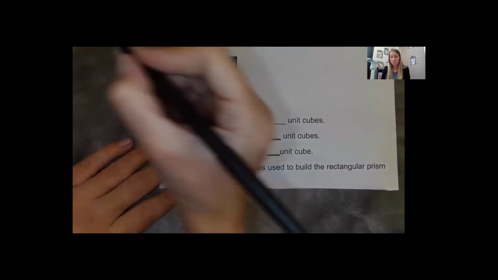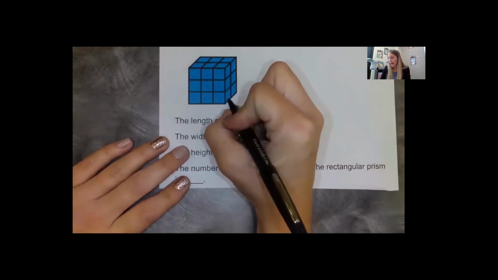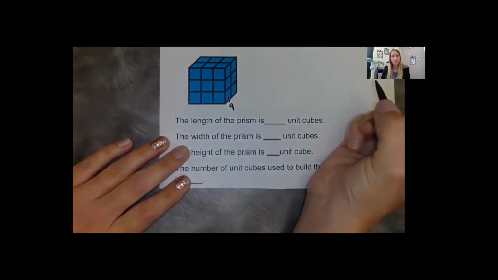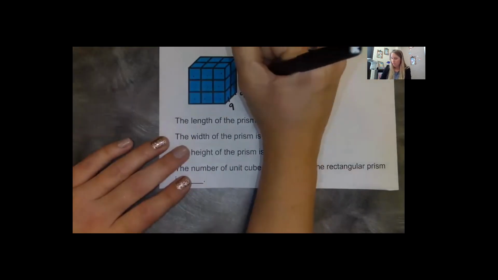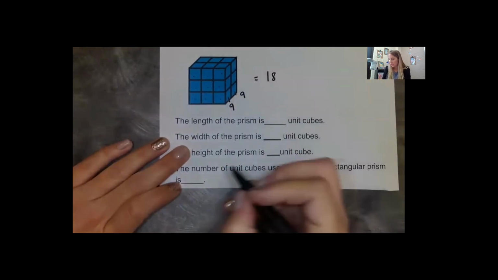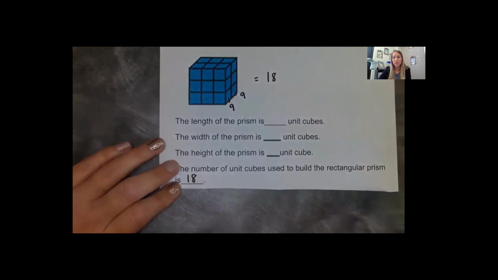Help me count them. 1, 2, 3, 4, 5, 6, 7, 8, 9 cubes in our front layer and 9 cubes in our back layer for a total of 18 unit cubes. Did you get 18 unit cubes in all? Excellent work.